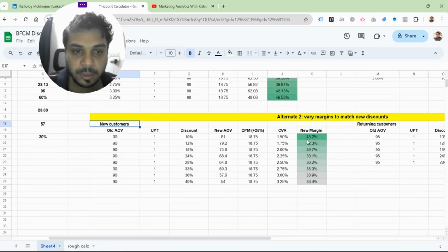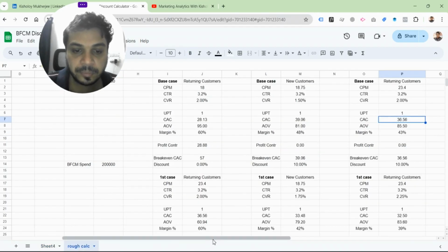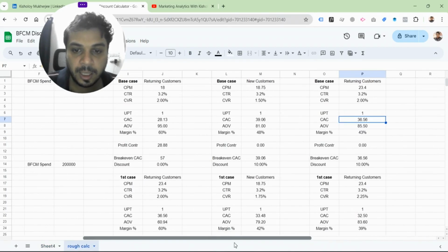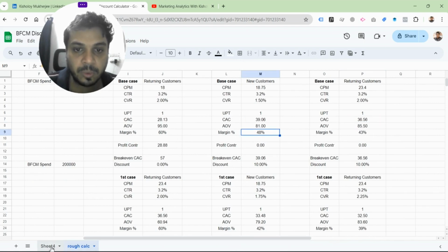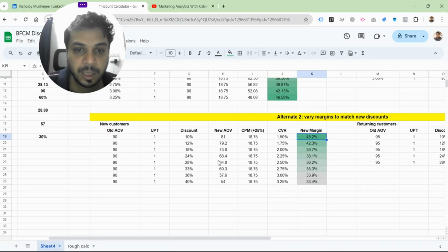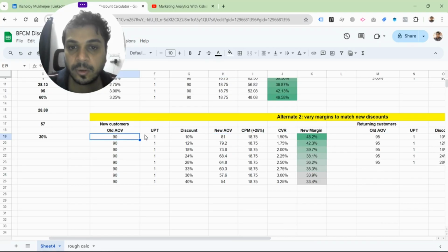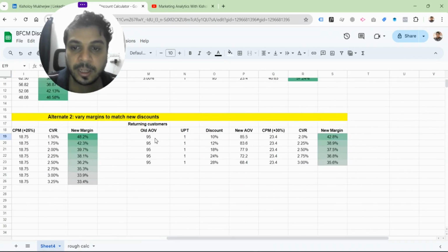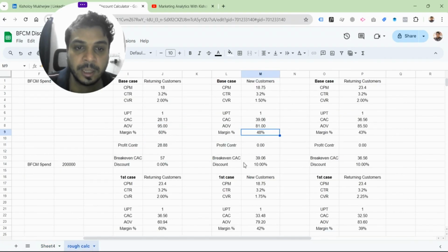So if I just look into this particular example here, I think this is the case, and you will see that we have an AOV of 81. That was because there was a 10% discount on the older AOV of 90, and a similar one for returning customers, where the older AOV was 95, and we had a new AOV of 85.5, and that's basically how we can get to the margin.